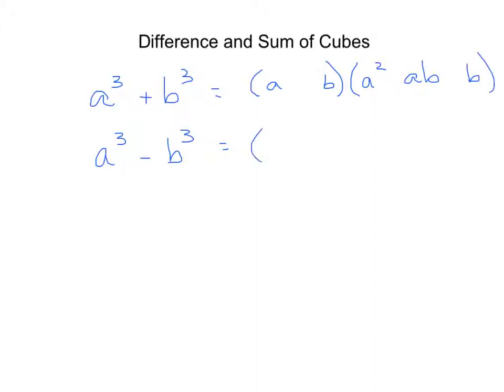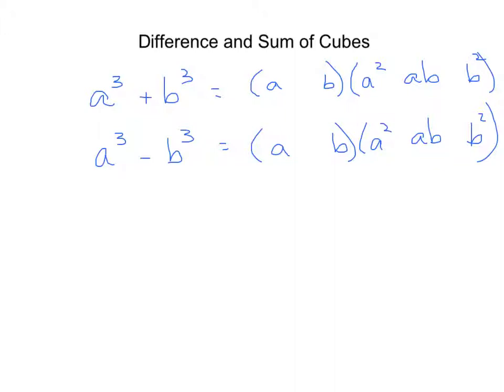And you do this exact same thing for both of them, the sum and difference. Notice the middle term here is ab. It is not 2ab, which is a common error.